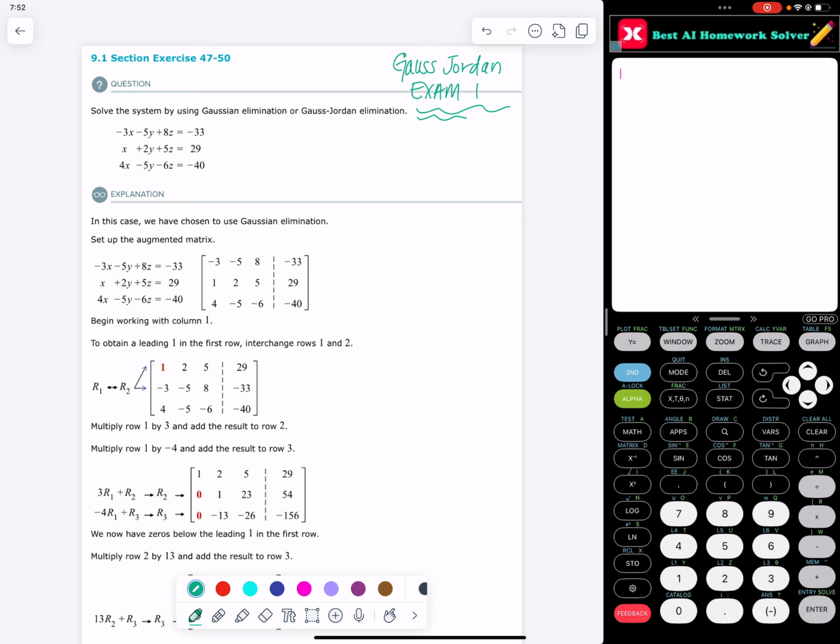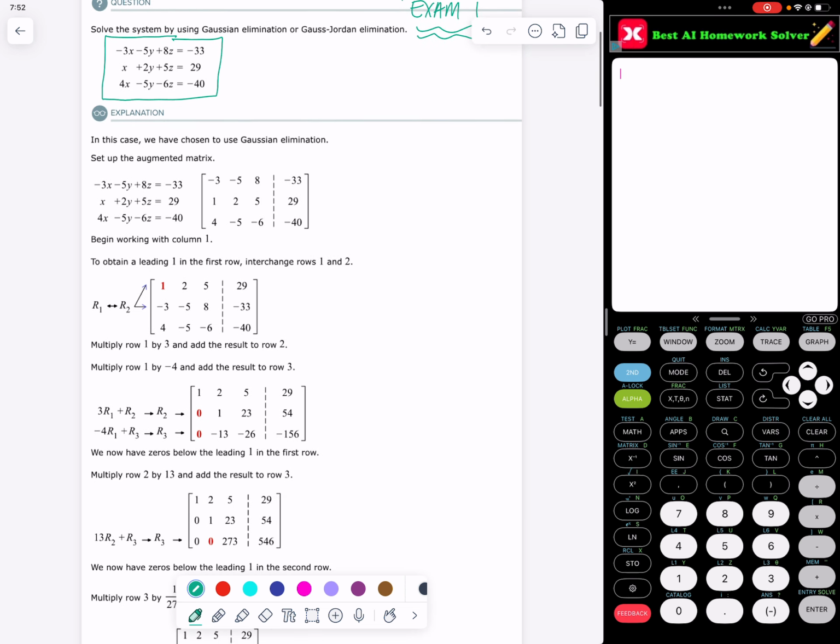Through our homework and our quizzes, we were able to solve a system using the Gauss-Jordan elimination method, and it took a lot of steps. We first had to learn what this meant and what this meant. So this is important, and this is on the exam. So let's cover that first.